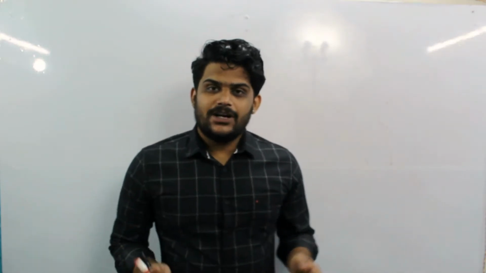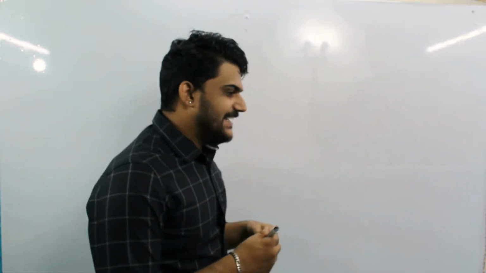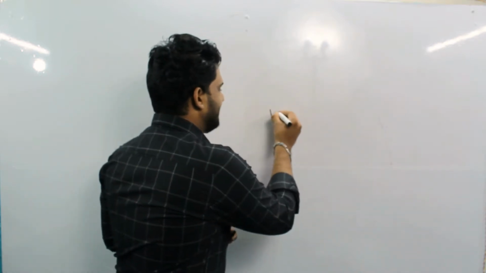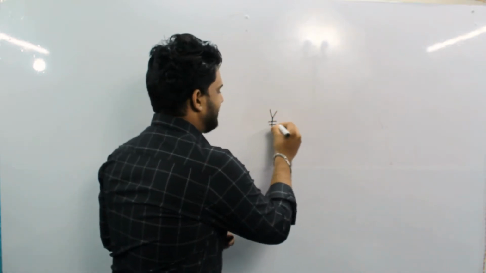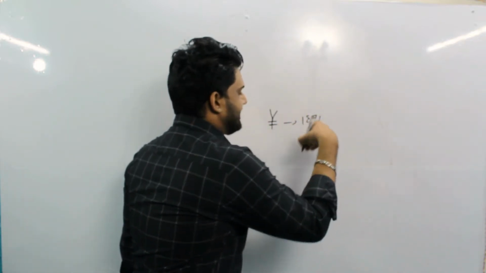In the last video, I asked you a question which you didn't answer: what is the official currency of Japan? And the answer is, the official currency of Japan is the Japanese yen. It is symbolized like this, and it was introduced in 1871.